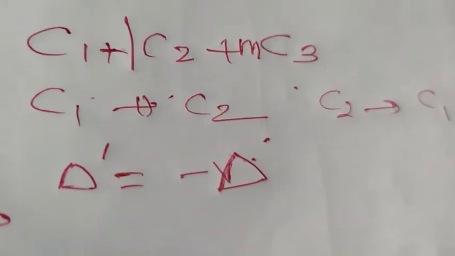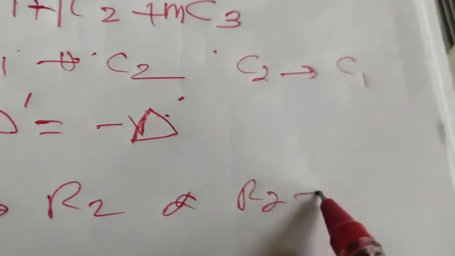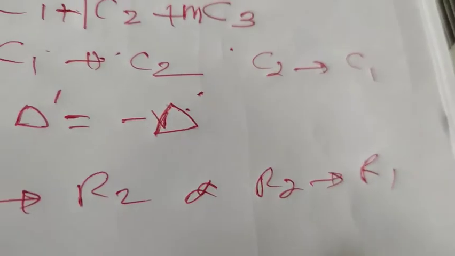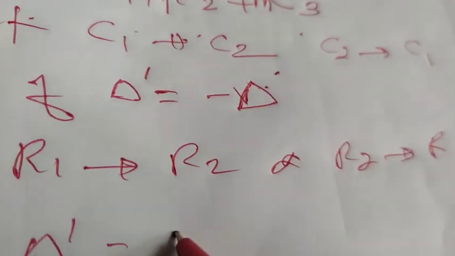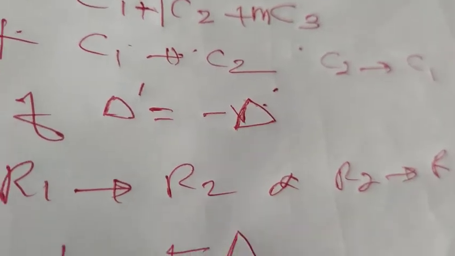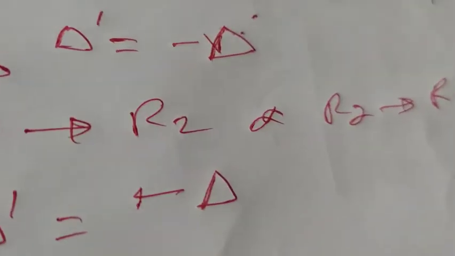R1 changes to R2 and R2 changes to R1. Then also the value of the determinant delta dash is minus delta, the negative of the value.